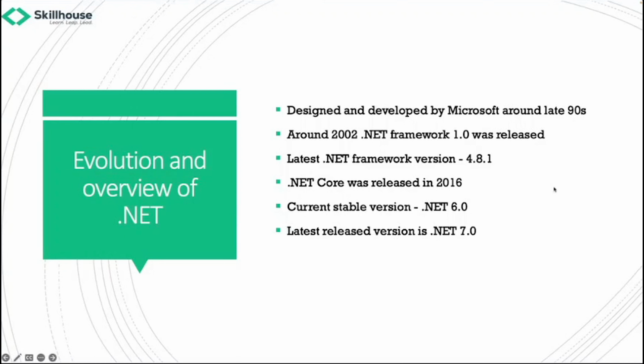Before that, .NET Framework was not platform independent; it did not support multiple operating systems. That's why the need for .NET Core arose. The current stable version is .NET 6, the continuation of .NET Core, and the latest version, released just a few months ago, is .NET 7.0.